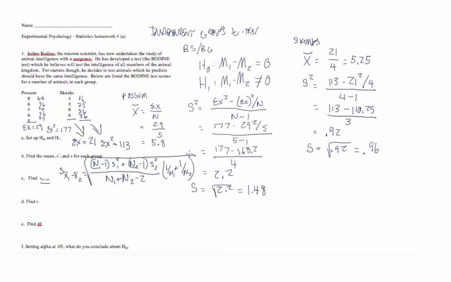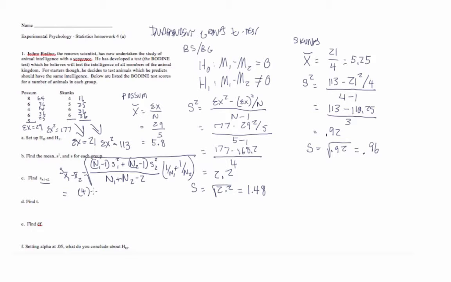So we can fill this out. We can skip it on down to over here. So n minus 1 for the possum group is 4, times the variance, 2.2.